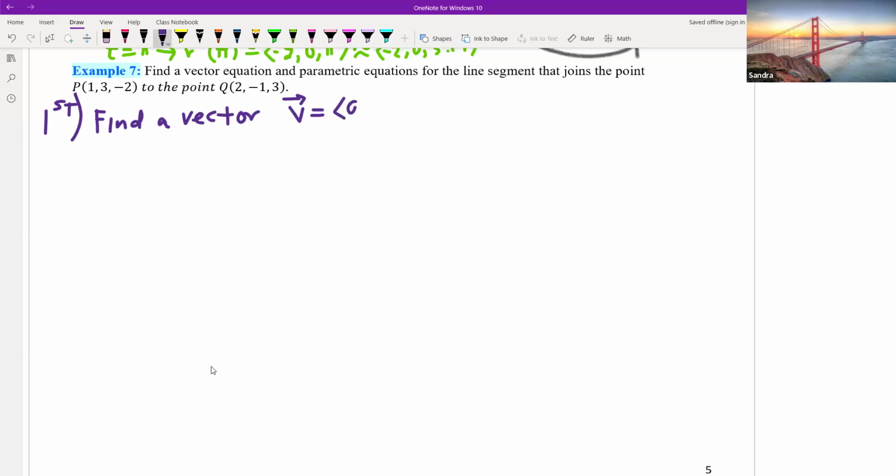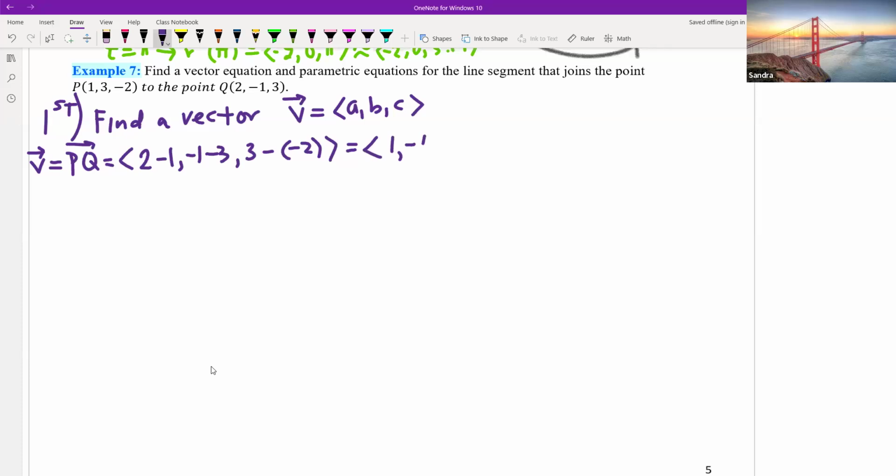And so then that would be A, B, C. Once I get those components, we can get a vector from P to Q. And so then that would be 2 minus 1, -1 minus 3, 3 minus a -2. And so then I get 1, -4, and 5. And so this would be my vector v.